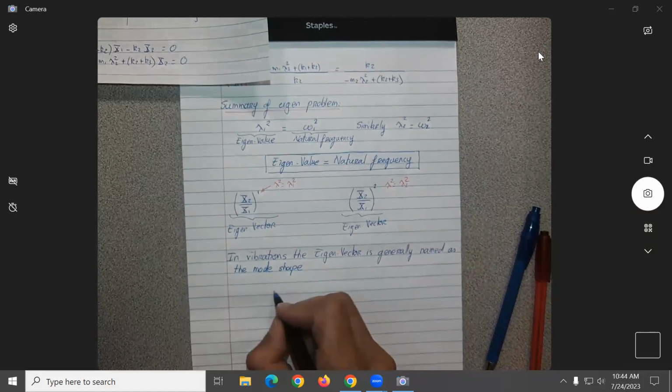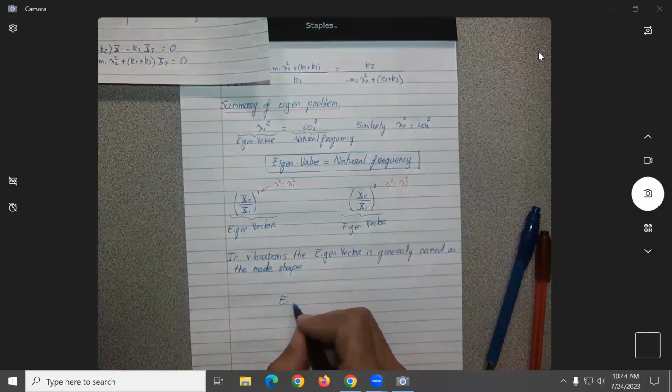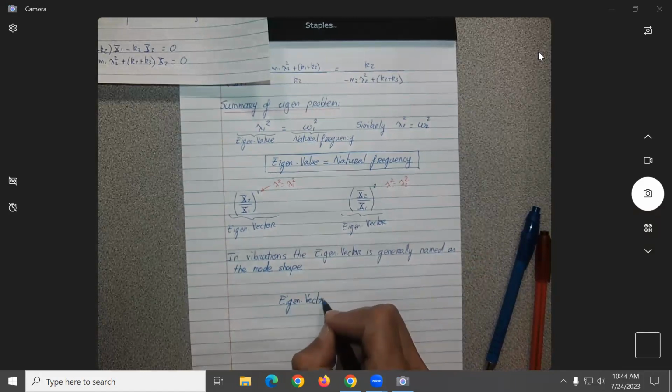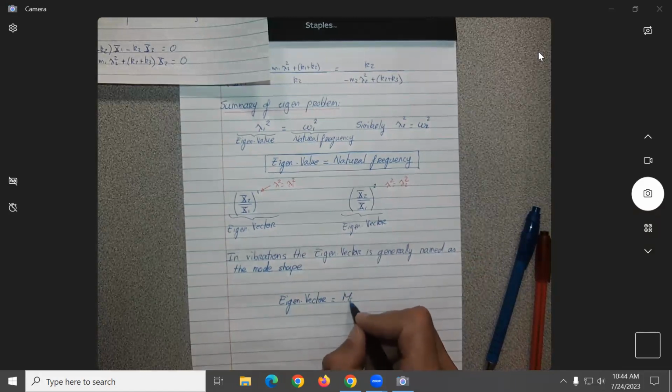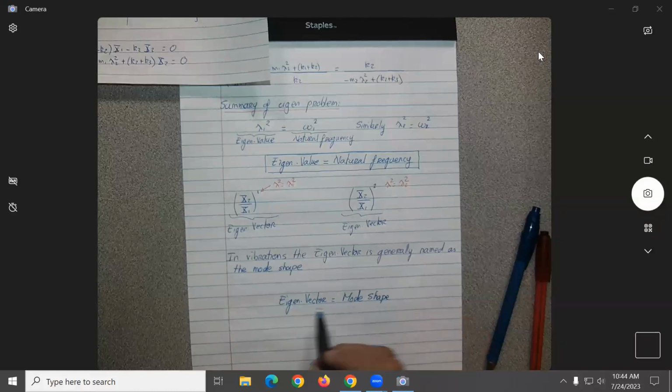So I'm going to put over here eigenvector equal to mode shape.